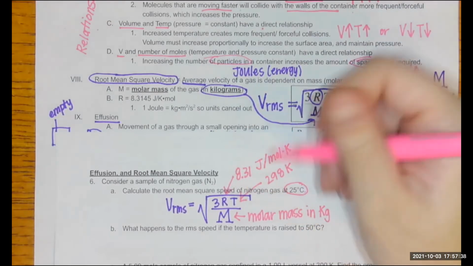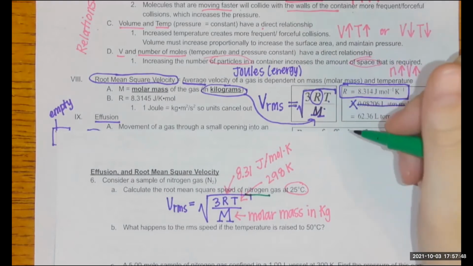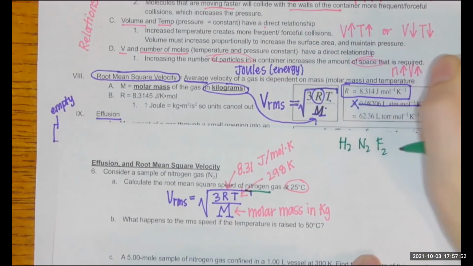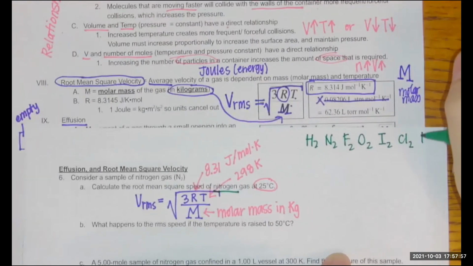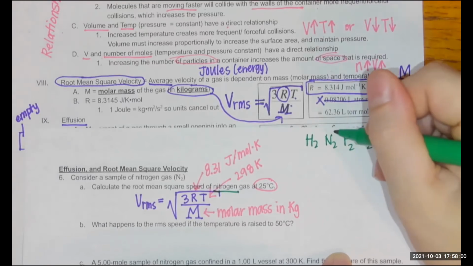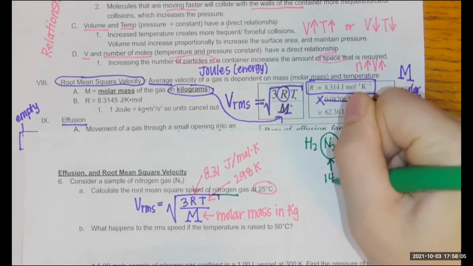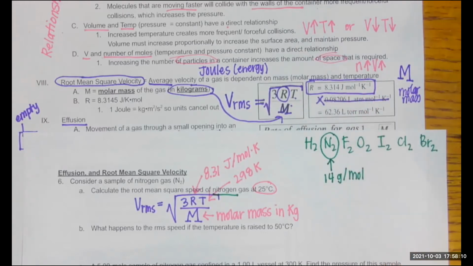So normally, if we were doing nitrogen gas, nitrogen is one of the diatomic gases, have no fear of ice, cold beer. So there's nitrogen. Normally, the molar mass we would just say is 14 grams per mole, or sorry, 14 for each.